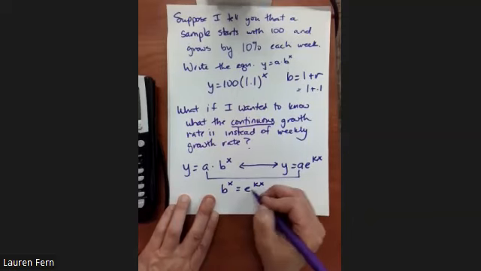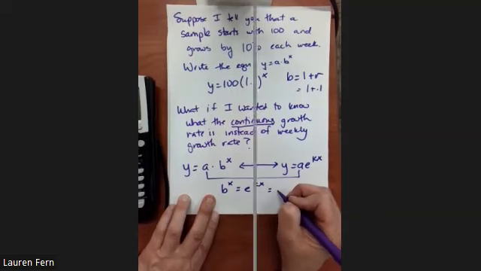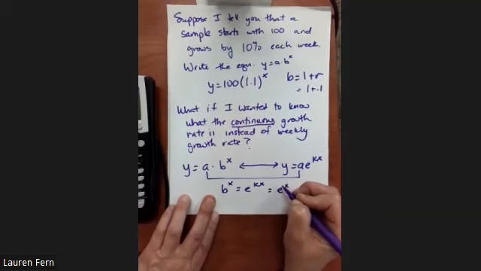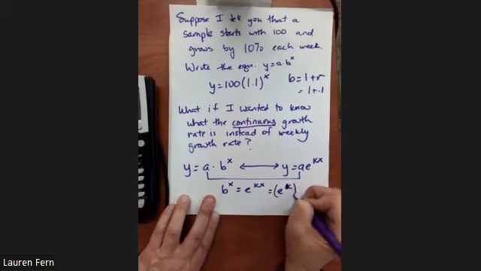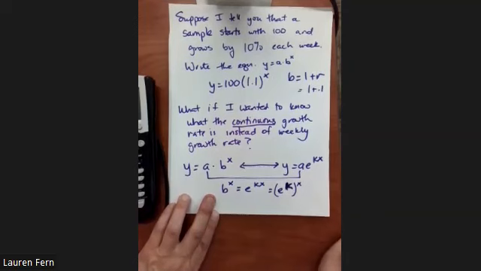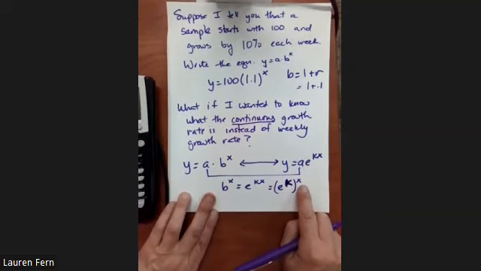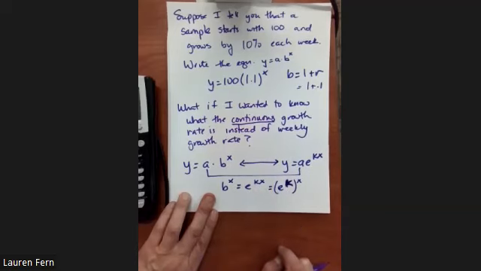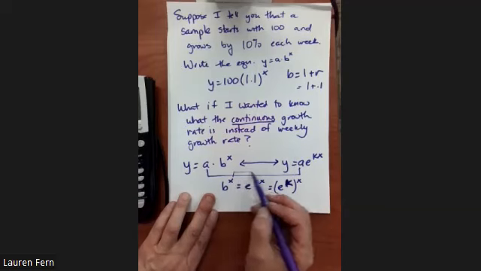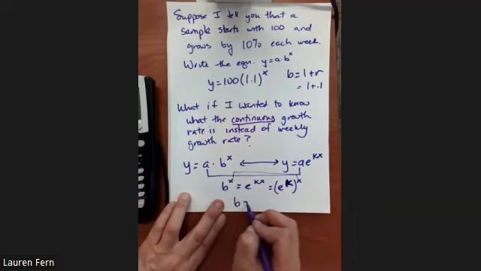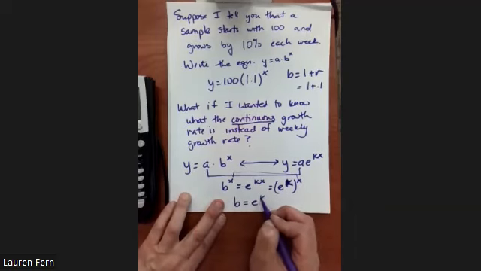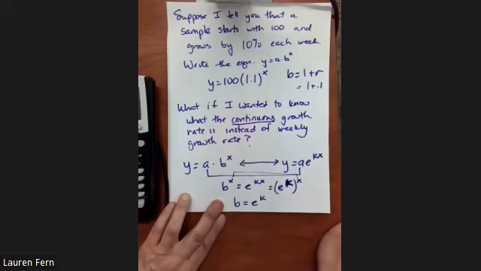Now, do you agree that I can rewrite my right-hand side as e to the k raised to the x power? Right, because when you raise something to a power raised to another power, don't you multiply your exponents? Well, notice x and x match up. So don't we just need b to be equal to e to the k?